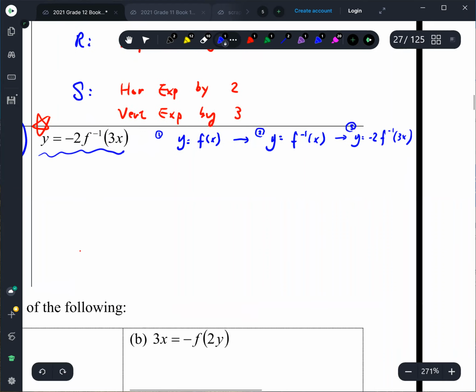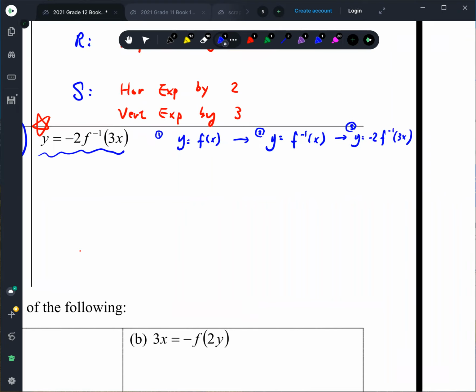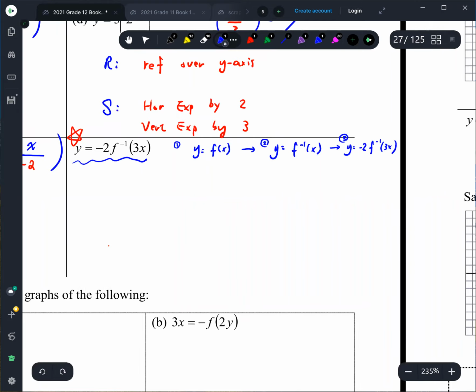Okay, so when we think about the story, right, the reflection, so there's a reflection over y equals x before everything else happened. Okay, so now let's change this into story form first. Okay, I'll write it this way.